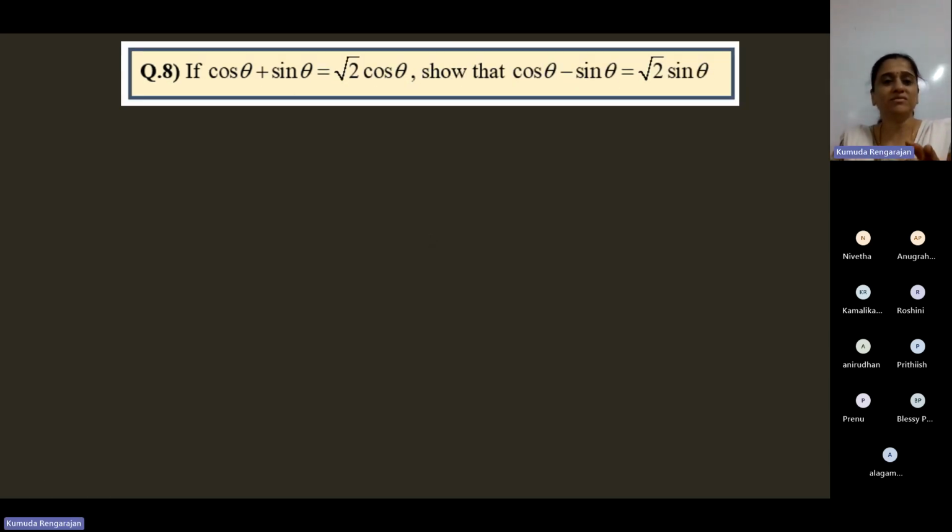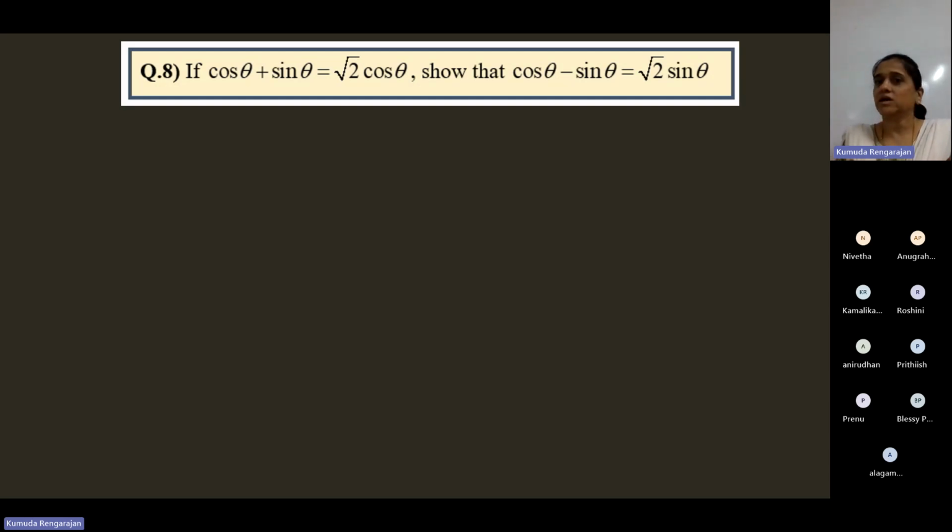Tell me, quickly tell me something. Which identity? It is equal to 2 into a square plus b square. Why? Because in the question we have sine and cos. That's the first thing. And then we have sine theta plus cos theta, or cos theta plus sine theta, and we have to find or show that cos theta minus sine theta is something.